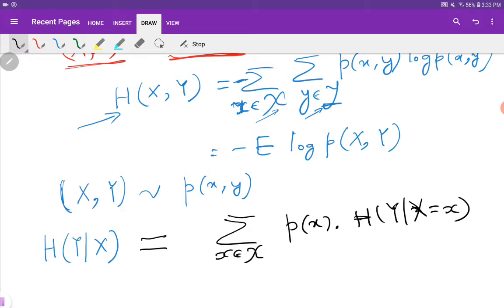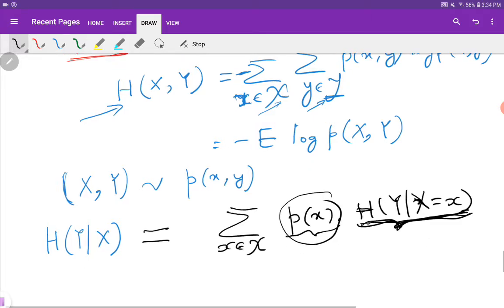This is the conditional entropy when x takes a particular value small x, and this is the probability. So we just have a weighted sum of the entropies, where the entropy of y when x takes the value small x is weighted by this probability.